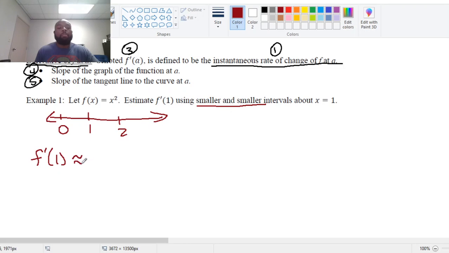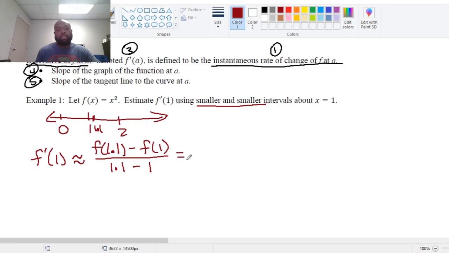Well, the approximation for that is to choose a number that creates a small interval that may include x equals 1. For instance, I'm going to choose a number like 1.1, right? And my approximation means I'm going to use my average rate of change formula and plug in the x values 1 and 1.1 for a and b.